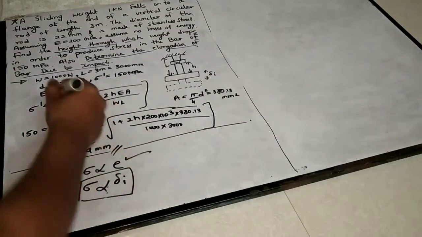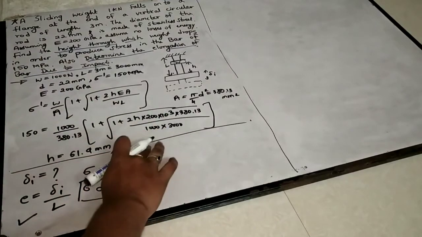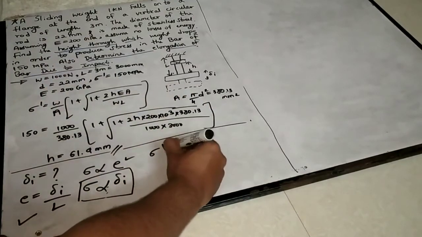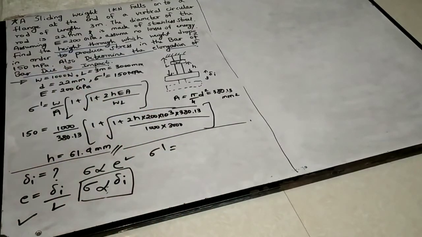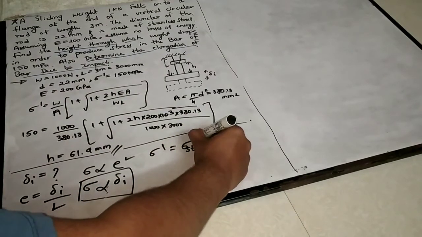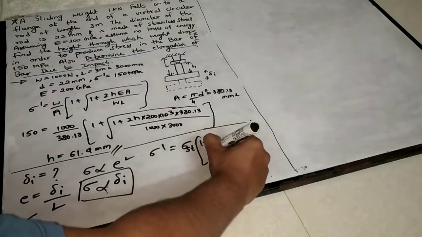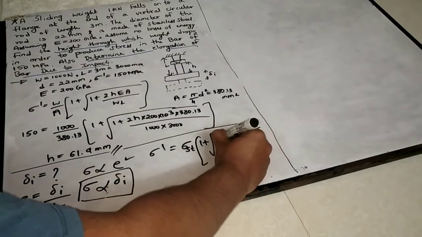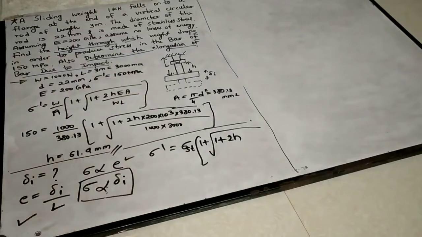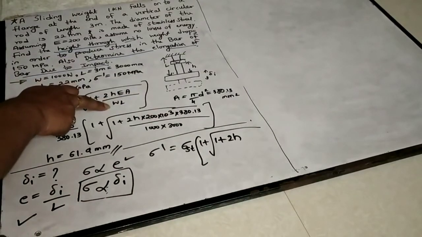Now look at this and what changes I will make. W by A, what is this? Go through the theory part which we discussed. It is static stress, right? 1 plus square root of 1 plus 2h. Now see here what arrangements I will make.